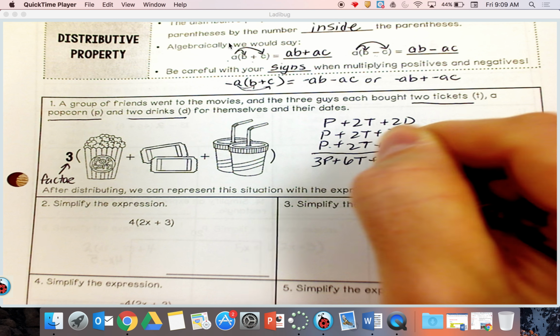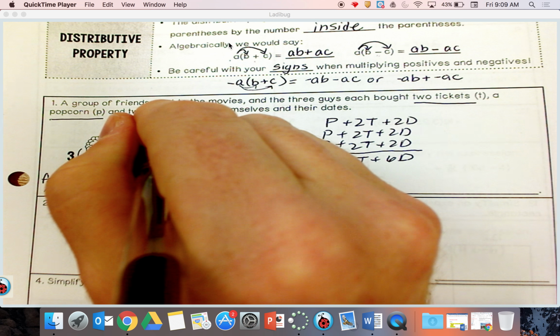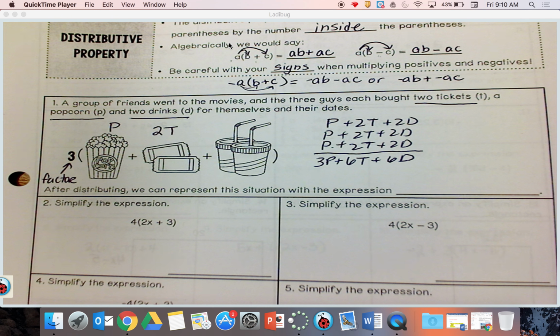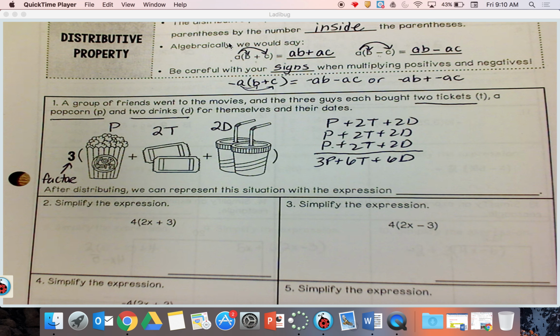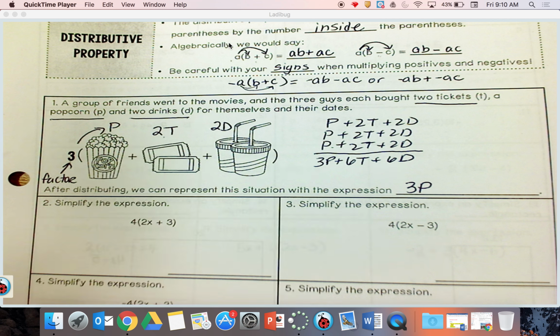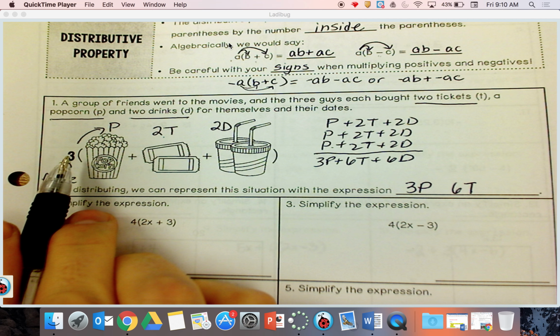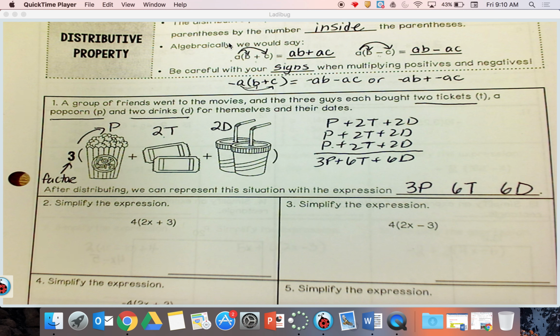The shorter, simpler way, which is why it's called simplifying, is showing it as it is here in distributive. We call this P for popcorn, 2T for tickets and 2D for drinks. We're just going to multiply. 3 times P gives us 3P. 3 times 2 gives us 6, and the variable is T. And then 3 times 2 gives me 6, and the variable is D. So I can put them together.